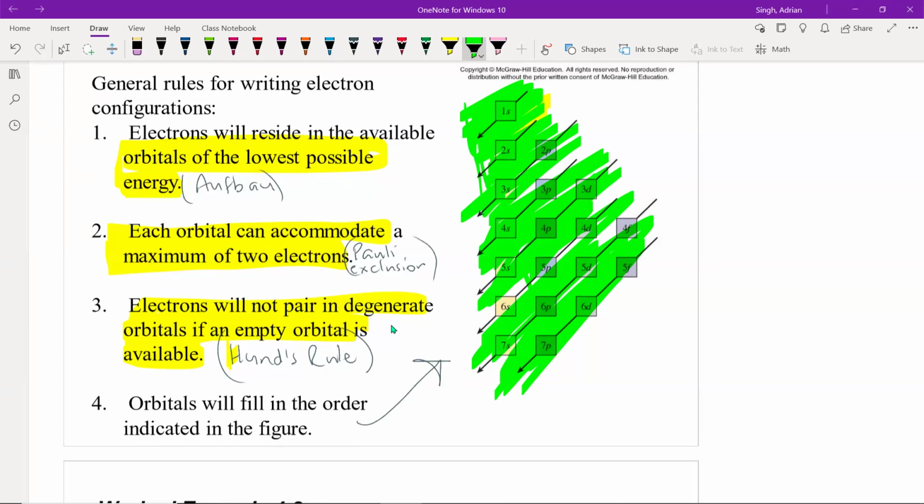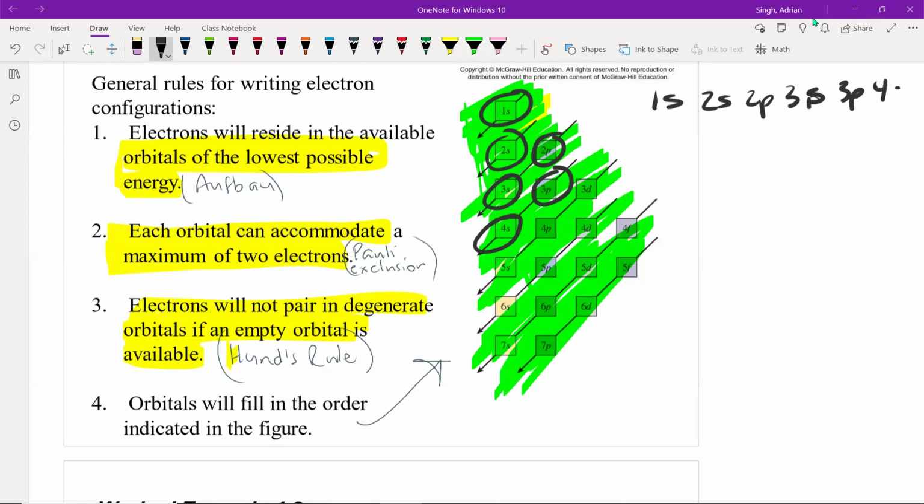So for example, the way that you would read this, we're going to fill the 1s sublevel first. Then we go to the 2s, then the 2p, then the 3s, then the 3p. Then we go to the 4s.